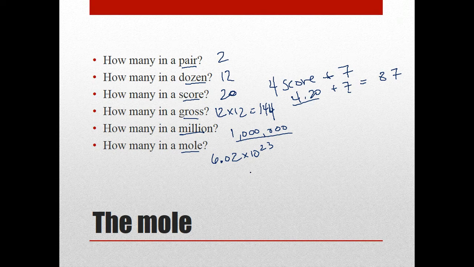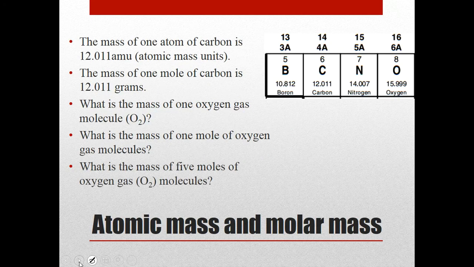That would be a lot of Band-Aids. We usually use the mole to count really, really little things, so if we have a big pile of them, it's not like taking over the whole planet. So the mole we use more often to count atoms and molecules, which are really tiny. So if we have 602 sextillion carbon atoms, it's actually not that ginormous a pile.